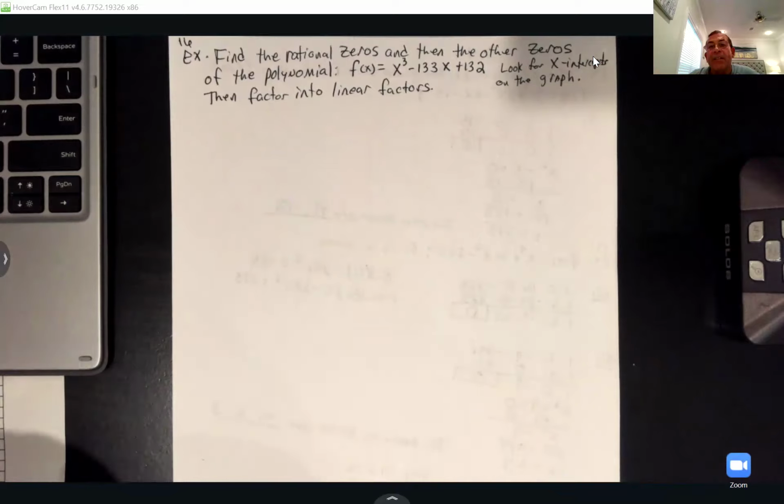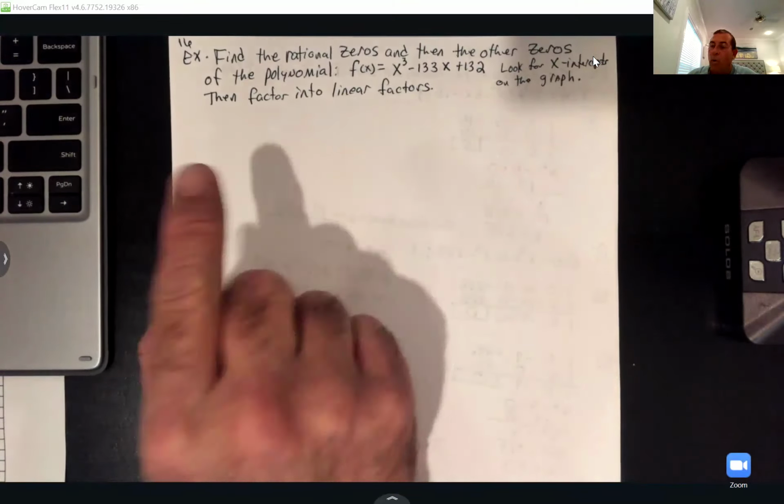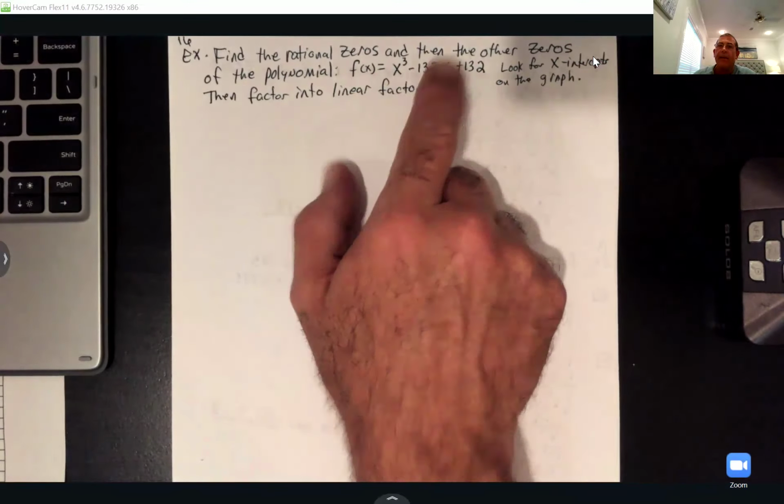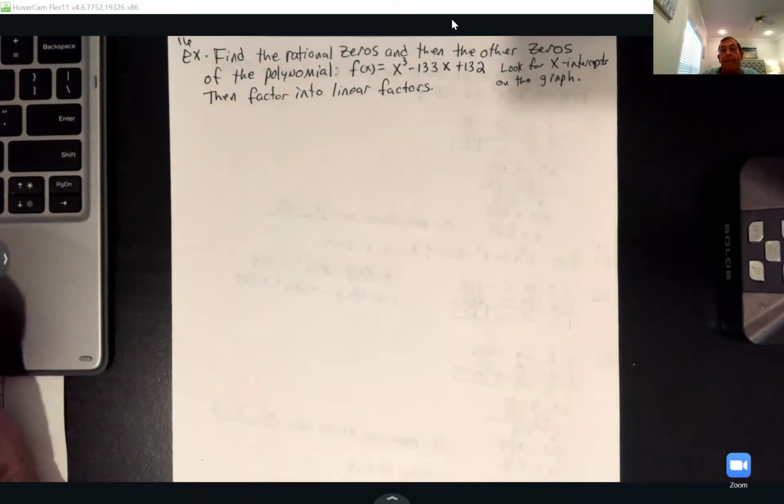So if I can find x-intercepts, then I got zeros I can start using for my polynomial, okay? So let me share my graph, and I'm going to plug this into y1.